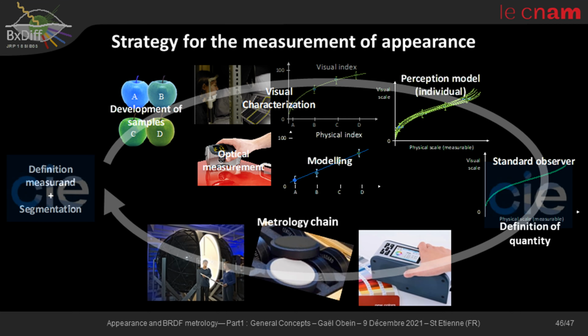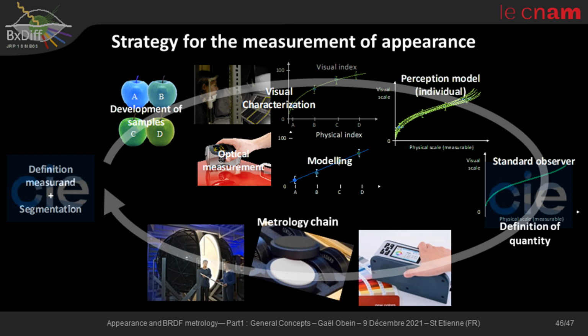So that's the full way. Start with your measurement, you develop your samples, you make in parallel visual characterization, optical characterization. You find a way to get perception models that are strong and stable. If they are very strong, you can even go to a normalization level. And once you are here, for industrial use, it is perfect to develop a full collection of instruments, portable or lab instruments, whatever, like spectrophotometer.